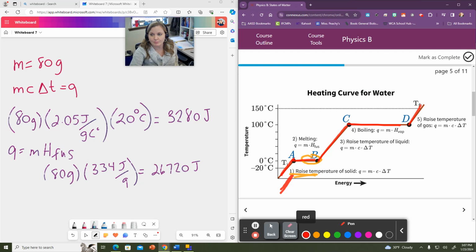Wherever you have a flat plateau, we're going to use Q equals M and the heat of either vaporization or fusion. And wherever you see the ramp, the positive slope, you're going to be using the MC delta T equation. So hopefully that makes sense.